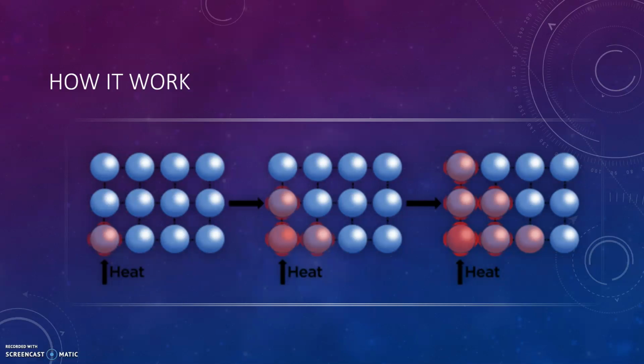When this happens, the faster moving molecules from the warmer object give energy to the slower moving molecules, which heats the cooler object. This process is known as thermal conductivity, which is how heatsinks transfer heat away from the computer's processor.